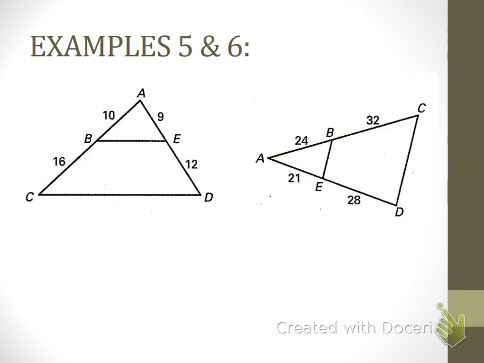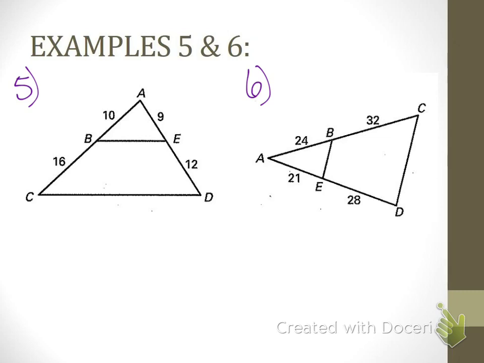So as promised, on these next examples, we do not have the little arrows saying that the sides are parallel. We are going to use the sides to decide if they are proportionally divided.